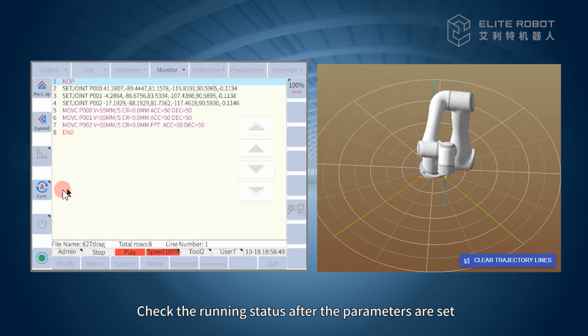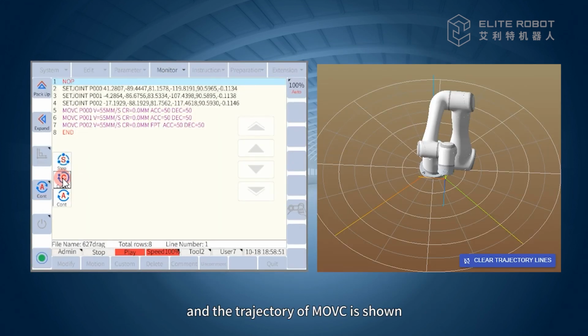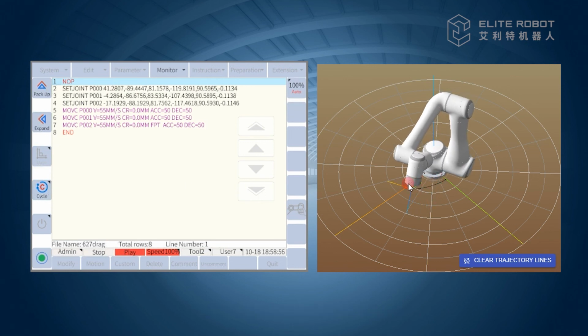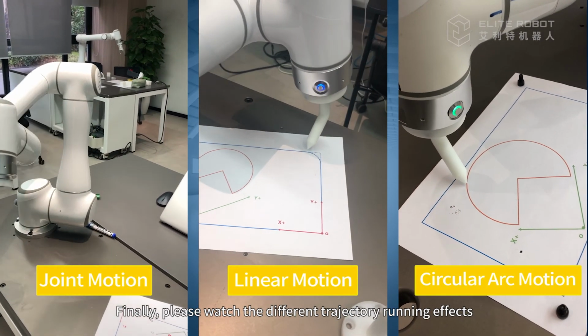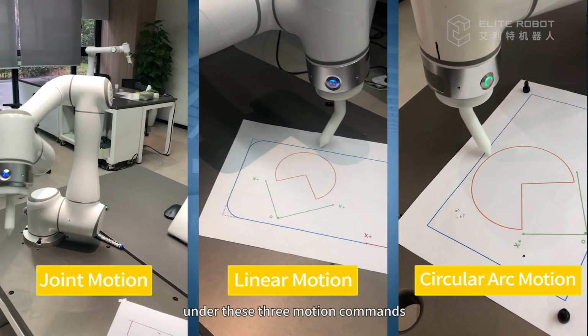Check the running status after the parameters are set, and the trajectory of MOVC is shown. Finally, please watch the different trajectory running effects under these 3 motion commands.